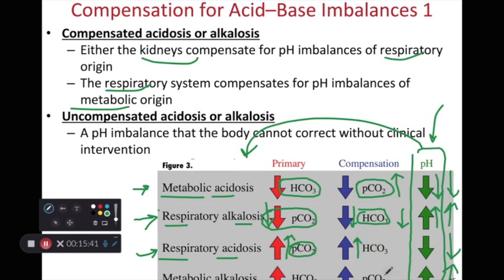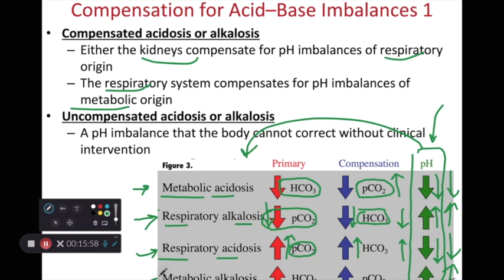And as we add more bicarbonate ions to the bloodstream, that will cause the pH of the bloodstream to go up because bicarbonates are alkaline. And we will raise the blood pH in response to the initial lowering of the blood pH.